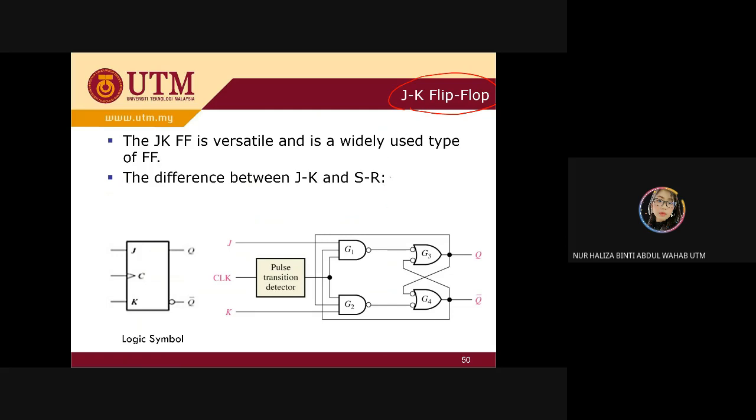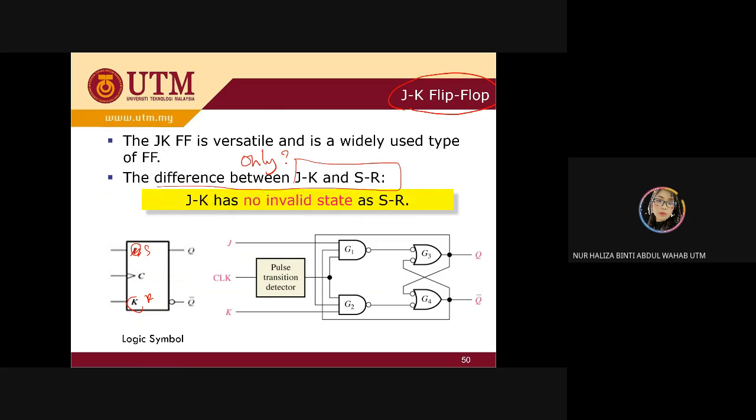For the JK, you can see here you have the inputs J and K. Last time it was S and R. And there is a big differentiation between SR and JK. What is the biggest and the only difference? It's that JK has no invalid state.